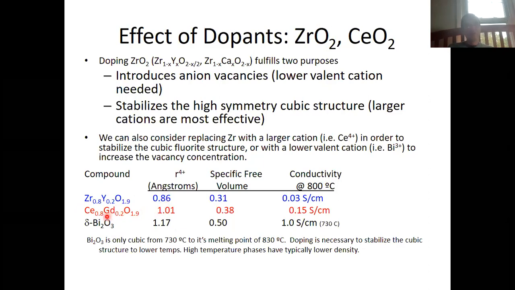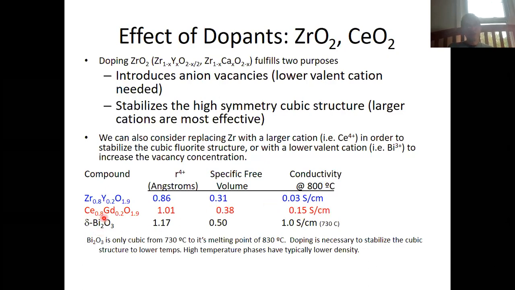Okay, and we also dope with a larger cation. So that leads to an overall larger free specific volume, and not only the volume fraction is larger, also the pore sizes in between the ions are getting larger. And as a consequence, we are having a higher ion conductivity of 0.15 Siemens per centimeter at 800 degrees Celsius.